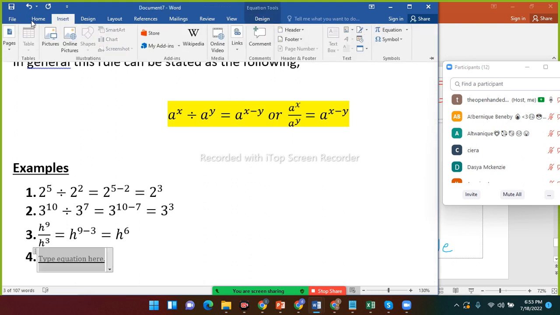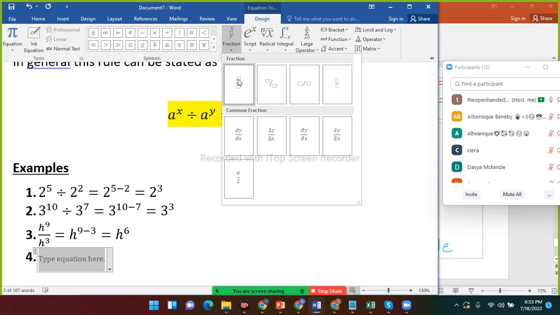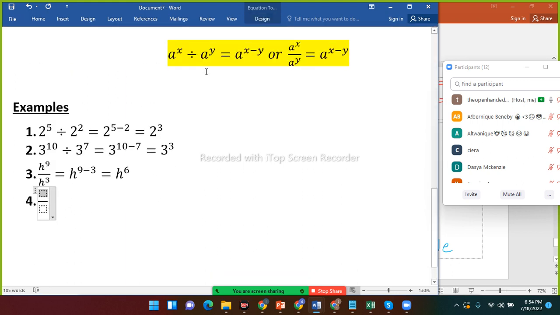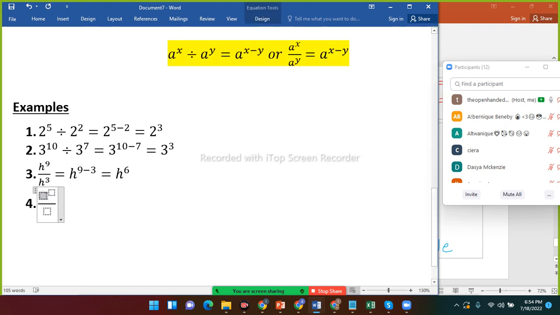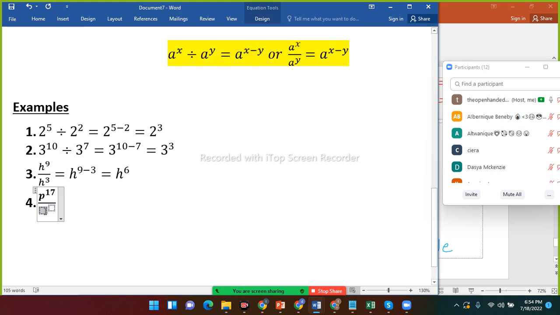If I have p to the power of 17 divided by p to the power of 10, what would my answer be?